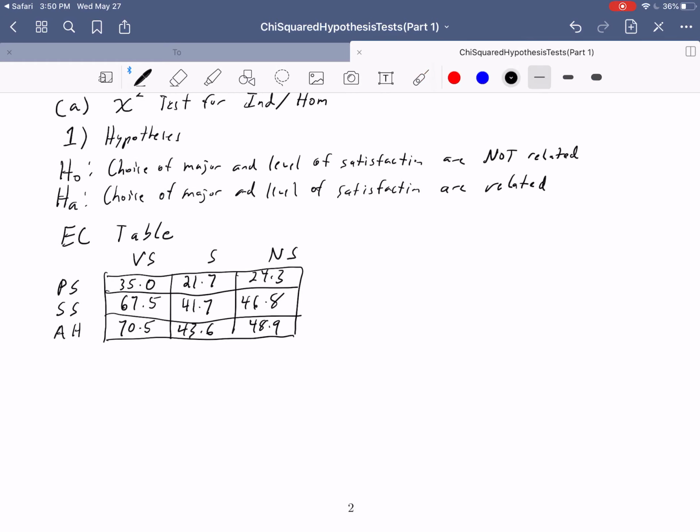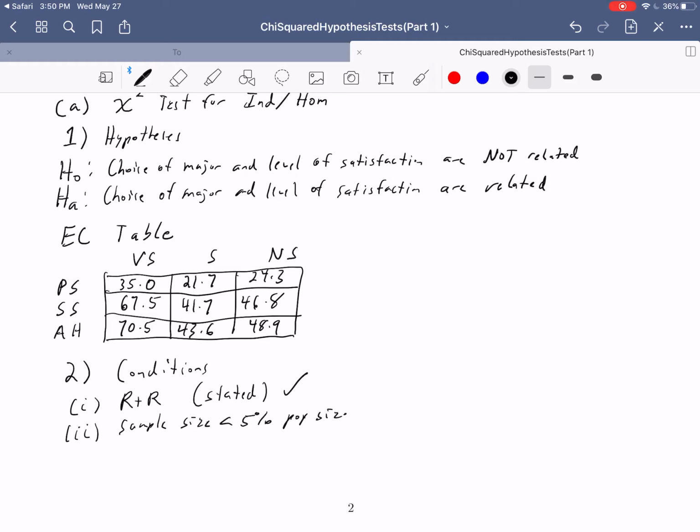All right, now we can go ahead and talk about our conditions here. For the conditions, we had to have random and representative. That was stated. It was a random sample, so we're all good. The second condition, our sample size needs to be less than 5% of our population size. Well, we know that our sample size was 400.